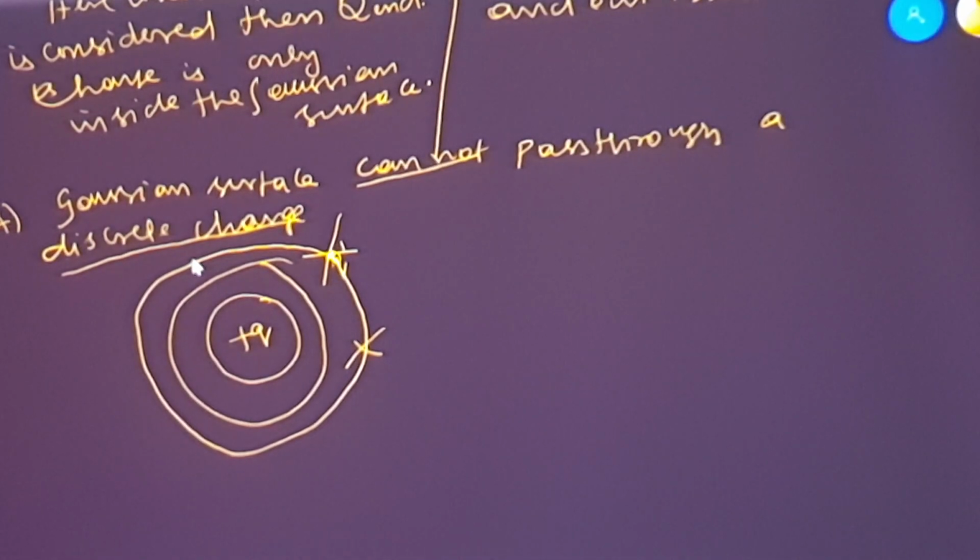Why is that the case? In the case of discrete charges, the electric field is not well defined. Why it cannot pass through the discrete charge?